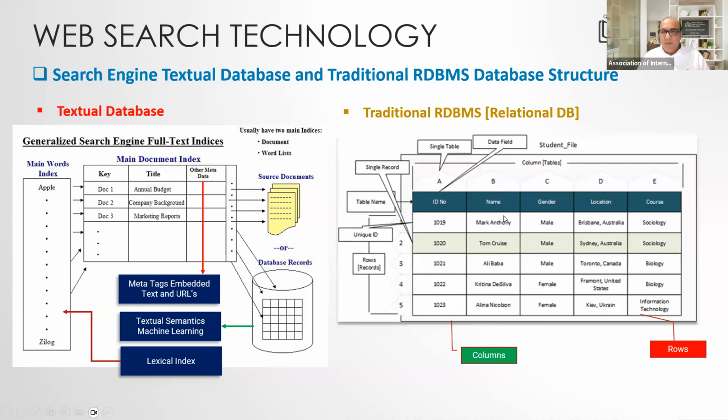The second is name, which is Mark Anthony, then gender, and all that. So these are tables, which means that they have records in the table. Each record, for example, can be attributed to the horizontal table, which is record 1019. Then you've got a record 1020, and so on.